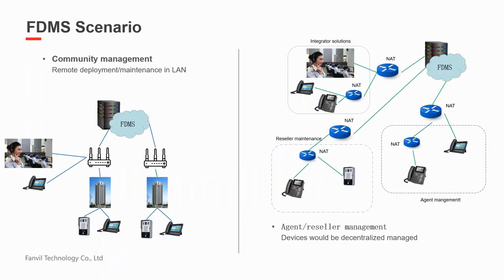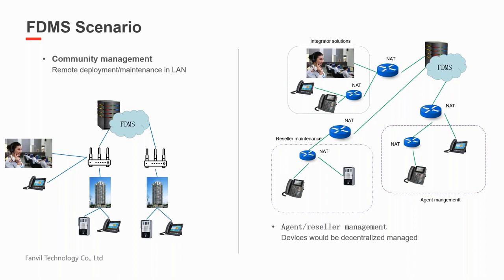And here are the scenarios for the FDMS. First is community management. For example, there are some IP phones and door phones deployed in a community or an industrial area.